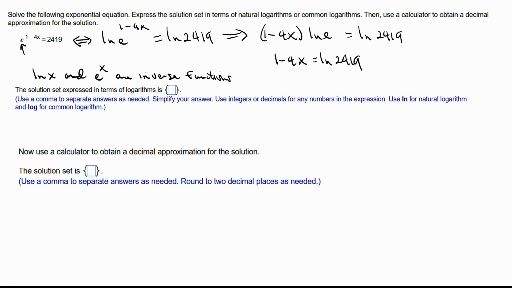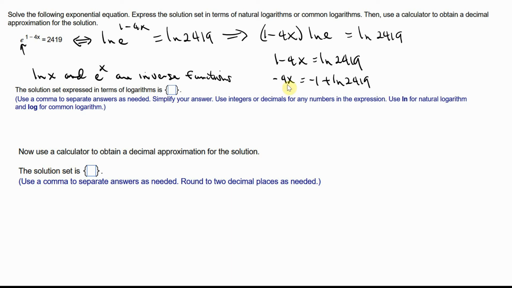We're solving for x, so we have to use algebra to get x by itself. We're going to subtract 1 on both sides. So I get negative 4x is equal to negative 1 plus the natural log of 2419. It's safe to put the minus 1 in front of the natural log so you don't get the 1 confused with the 2419. The 2419 is not a number by itself. It's the natural log of that, which is something different.